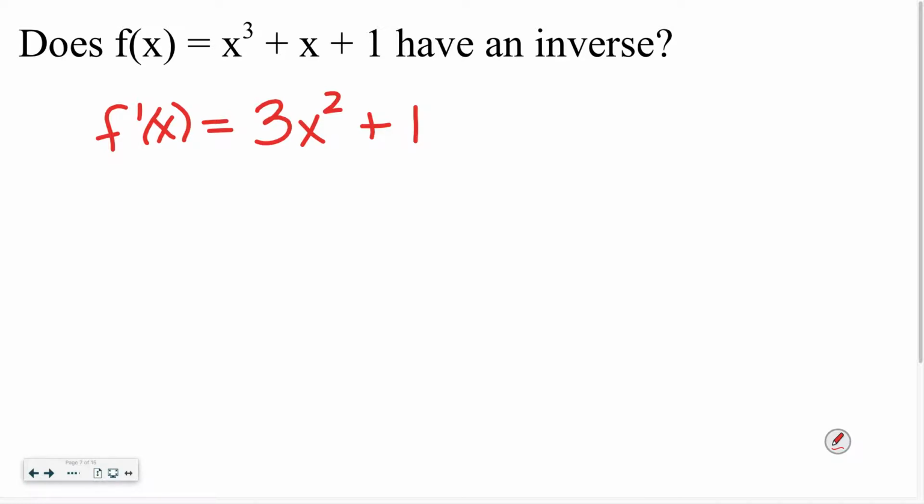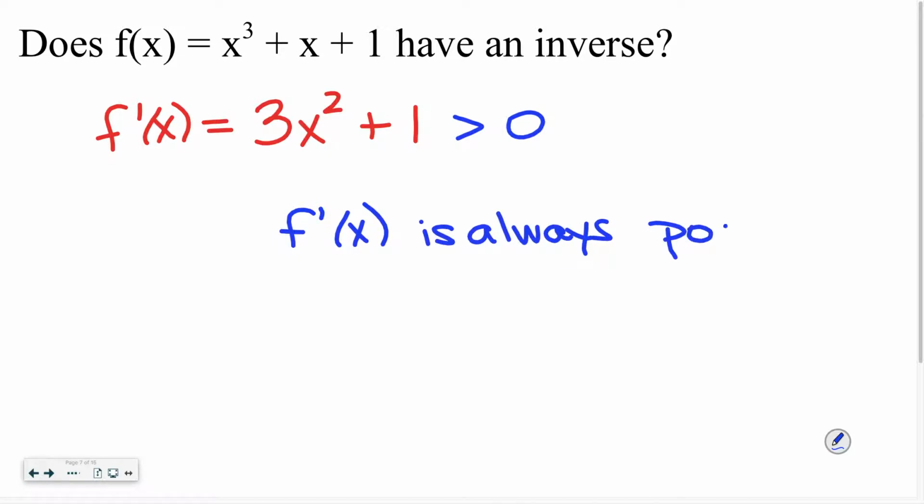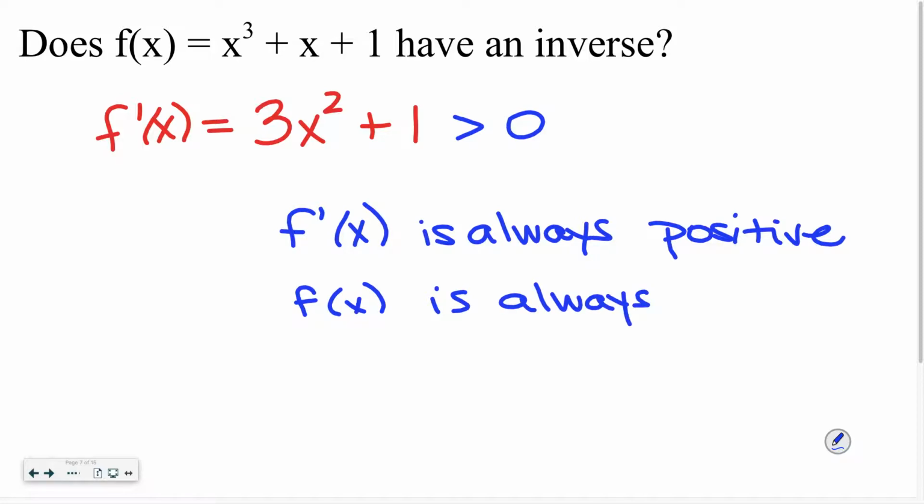Our derivative is always going to be positive, which means our function is always increasing. Okay? And since our function is always increasing, then f of x has an inverse.